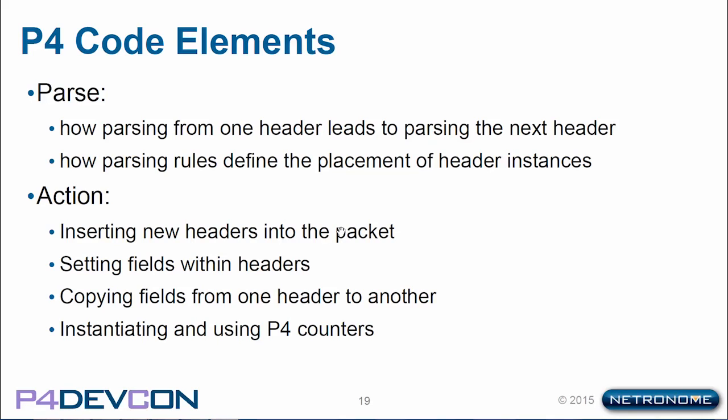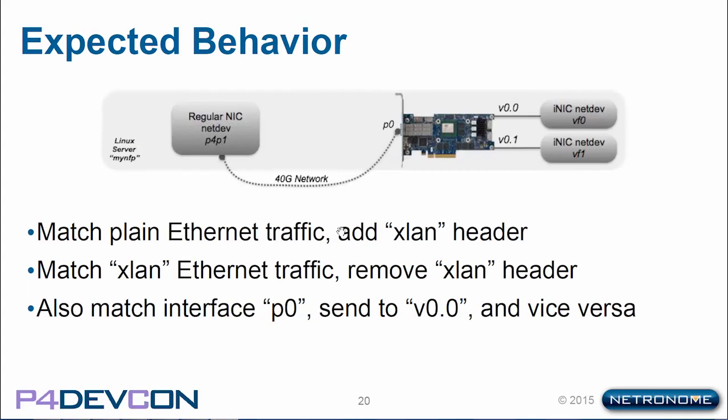And yeah, it's largely the same, and if there's time we can have a look at adding a P4 counter. So we're going to have traffic coming in on P0 as before, and P0 is going to do the encapsulation, so on VF0 we should see our new header, and on the way back we should see the header removed in our physical interface.